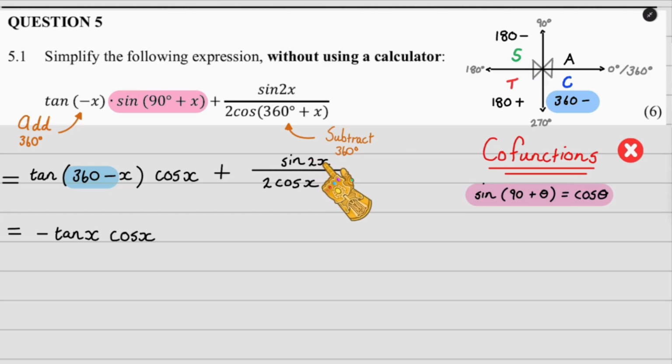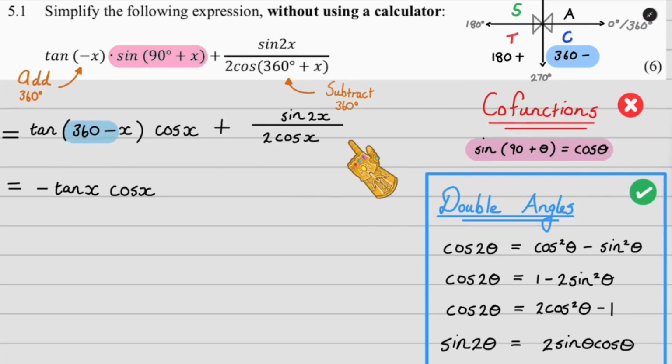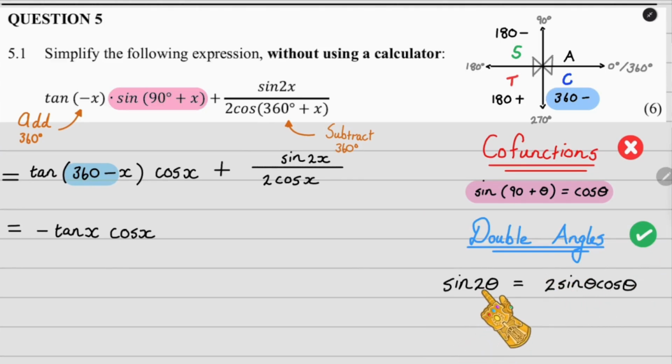If you see 2x, that's your trigger to think of double angles. Okay, now sine 2x only has one double angle, so we're going to expand it with this guy down here. Okay, and when we expand it, instead of having a theta, we've got an x, so these will just become x's. So let's go ahead and expand it. And this 2 cos x is simplified as far as possible so he can stay behind.